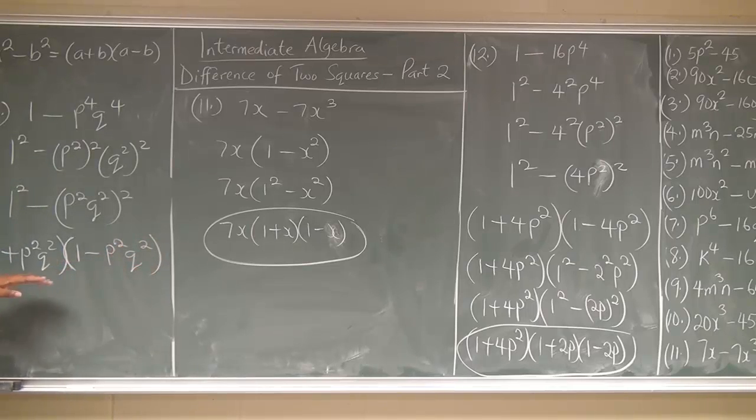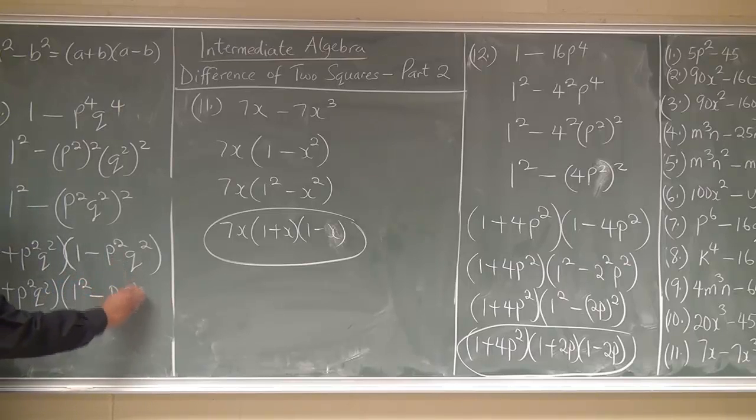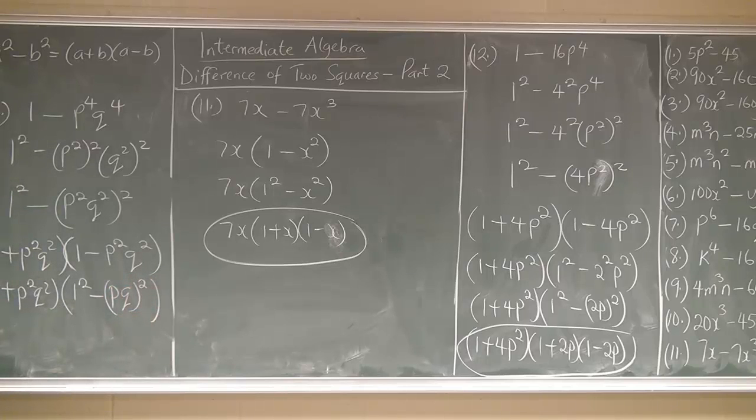Okay, we've not finished. Here we can't do anything, sum of 2 squares, but here we can still do something. So this will be 1 plus p squared q squared times 1 squared minus pq all squared. See that?